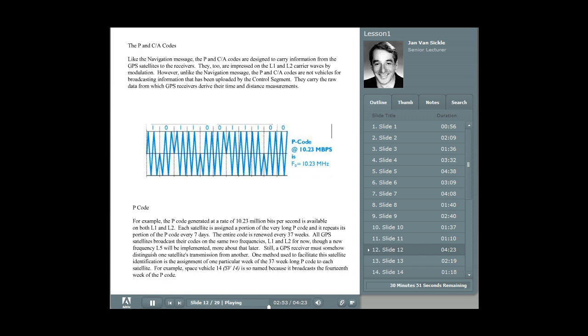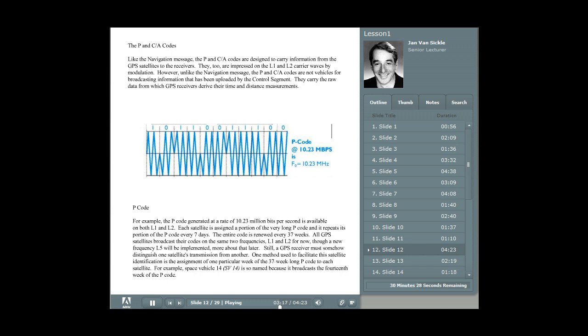This is a good illustration of what phase modulation is. Obviously, if the receiver can know the shift from 1 to 0 and 0 to 1, this indicates a code that it can use.